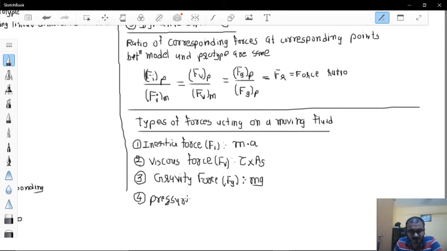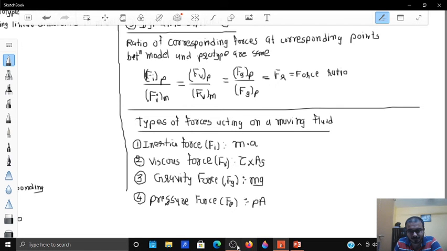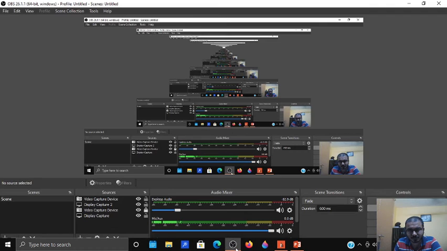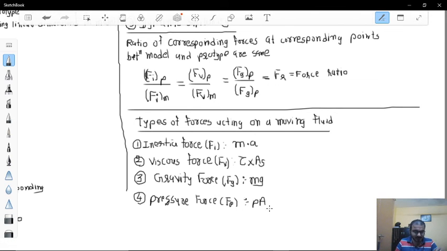Fp is given by P into A. The next is surface tension force, fifth one.